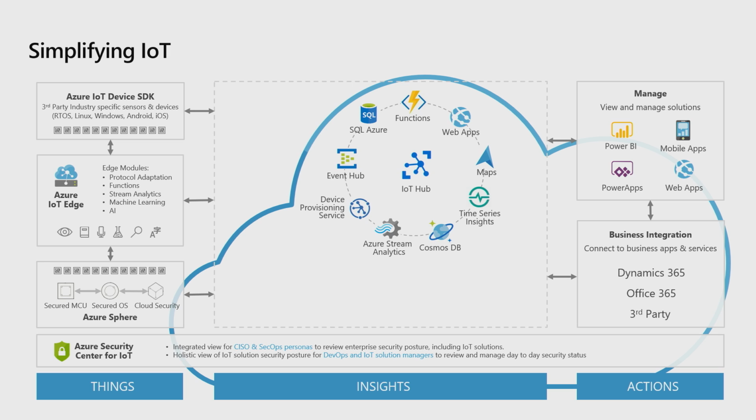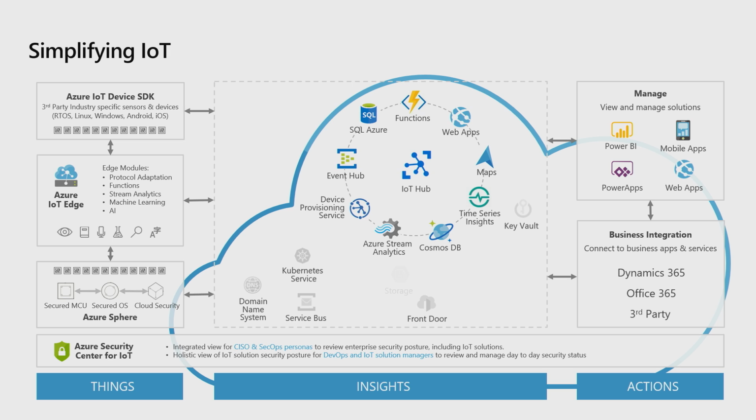And then there are other elements too. There's Azure Stream Analytics if you want to do processing, and storage like Cosmos DB, with different options depending on whether you want hot path or cold path storage. There's Azure Maps. There's a wide range of things you have to think about.